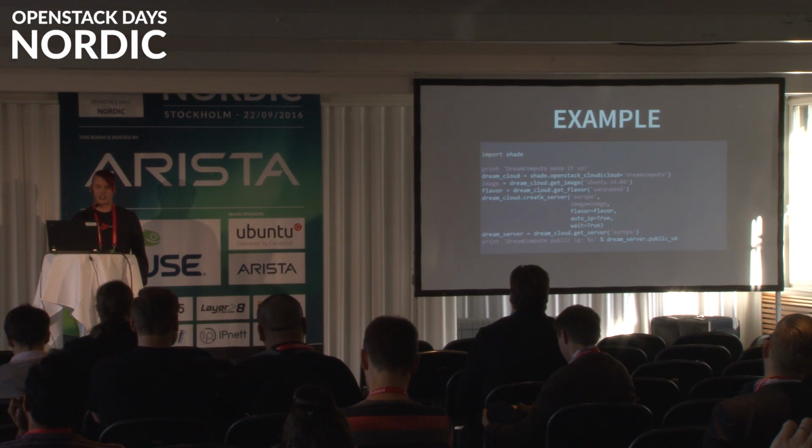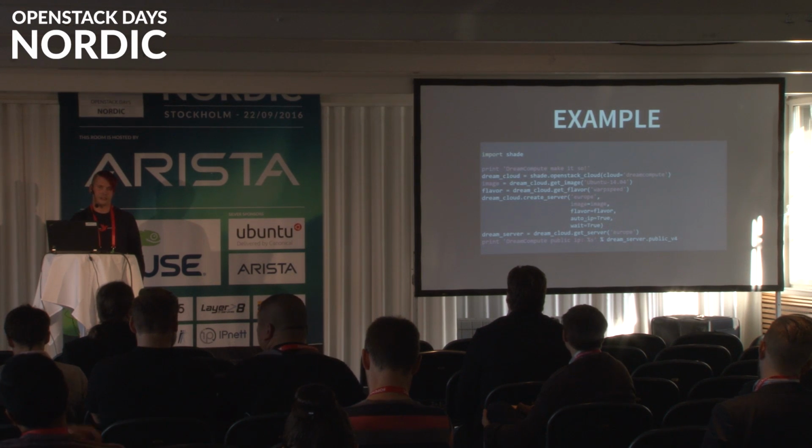And along with that, I could get a flavor, and then I can do an action of create a server, and I could specify a name for it, an image, a flavor, and here's a really neat feature right here. I can say auto IP true. Those 5 bulleted lists of inconsistencies in dealing with getting a public IP in the variety of public clouds, this option just takes care of all of those problems.